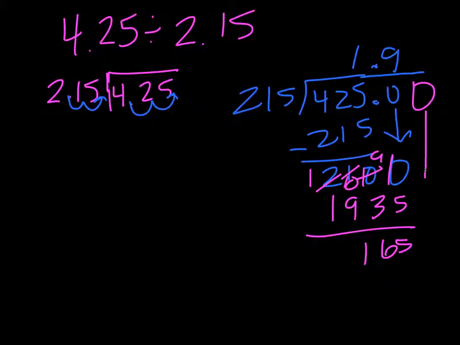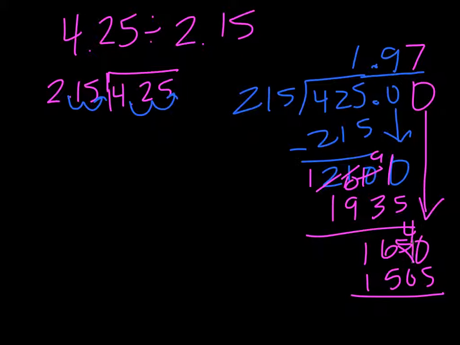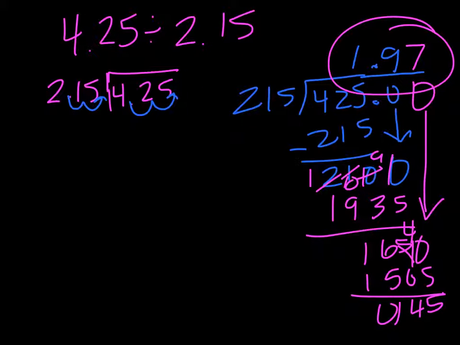And then we bring another 0 down. Now 215 goes into 1650 7 times. So we'll put a 7 up here. 7 times 215 is 1,505. So we subtract again. And you can stop at 2 decimal places. We can stop there. It's a lot of work, but hopefully we remember our long division from grades before.